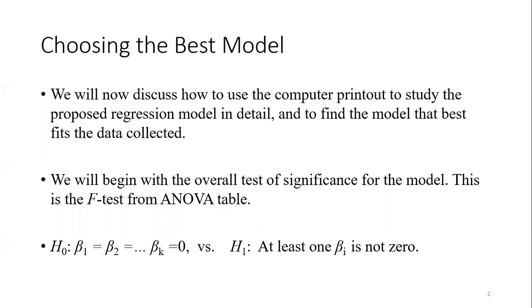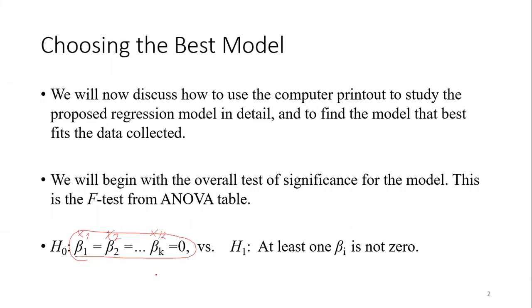So first we will start with the F-test from the ANOVA table. Just remember the hypothesis of the F-test, it says that all of the betas are equal to 0, right? So what does this mean? Beta 1 was the coefficient of x1. This is the coefficient of x2. This is the coefficient of xk.